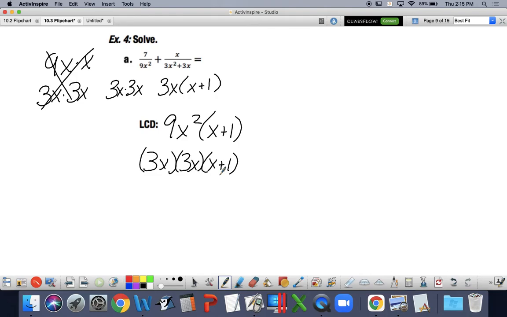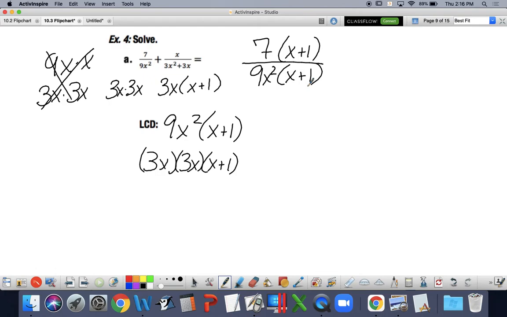So let's actually start figuring out how we add these things together. This denominator, what's it missing? It doesn't have the x plus 1. So I need to add it. And I can't just add it wherever I want, right? I need to add it in both my numerator and my denominator. I'm allowed to multiply by the number 1. It's a really weird looking one. It's x plus 1 over x plus 1.